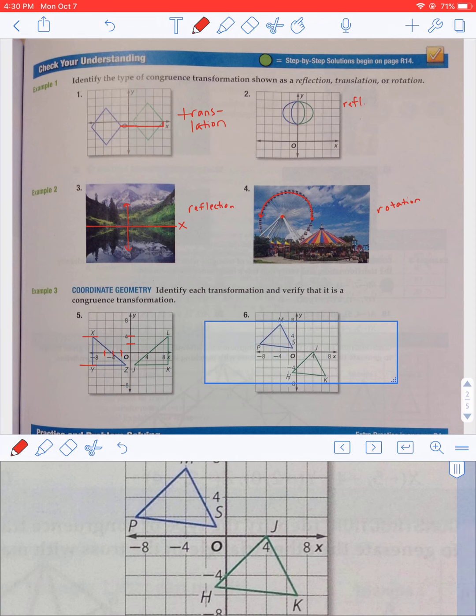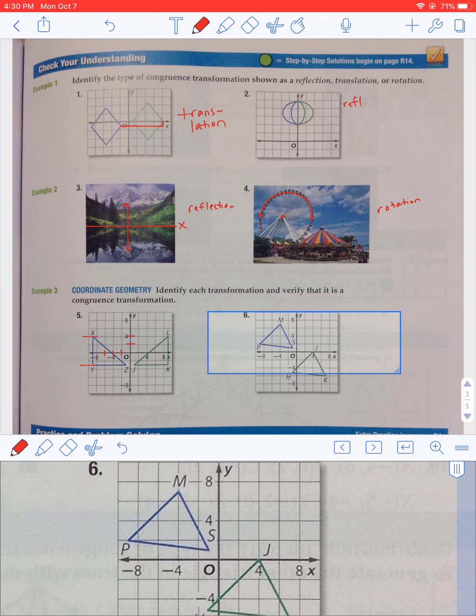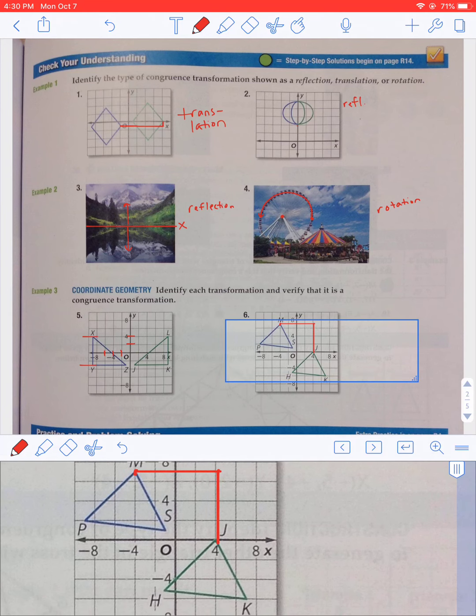And it looks like on number 6 that to me it looks like a translation, because just looking, if I compare like the M, it went over a certain amount and then down a certain amount. And then if I look over here, I'll probably realize that this one started here and then went down.